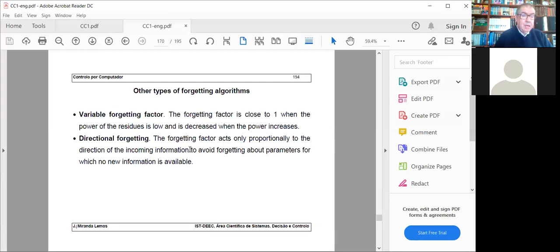But when you have to track some parameter that is continuously changing, they are not so good because they are a little bit lazy in tracking, because of not having any more exponential convergence. Okay. I hope now I have confused you completely. You want to ask some questions? I left you speechless. Okay, let's go on.